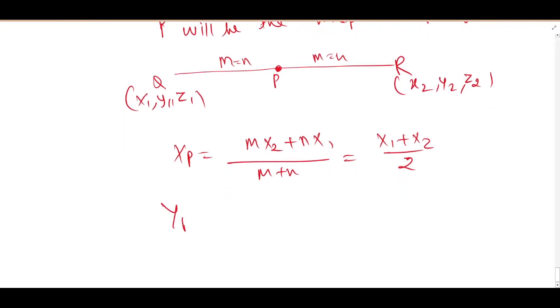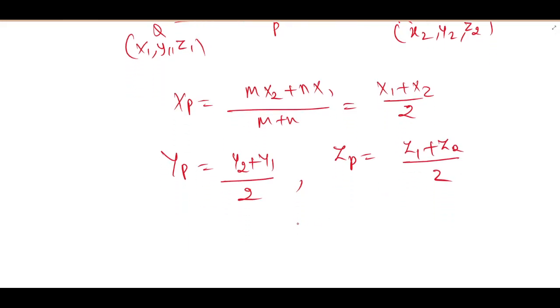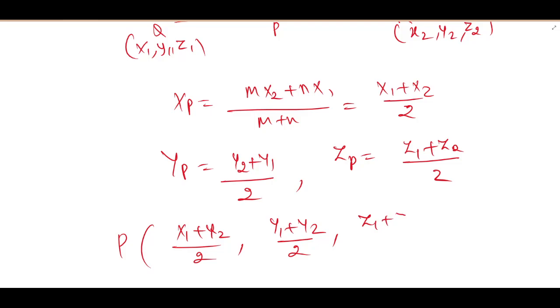Similarly, yp should be equal to (y1 plus y2) by 2, and zp should be equal to (z1 plus z2) by 2. Therefore, the coordinates of the midpoint are ((x1 plus x2) by 2, (y1 plus y2) by 2, (z1 plus z2) by 2).